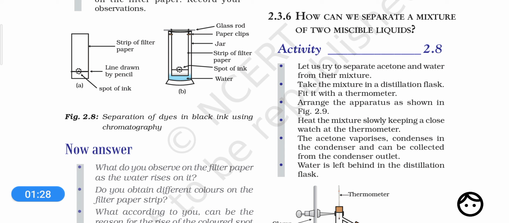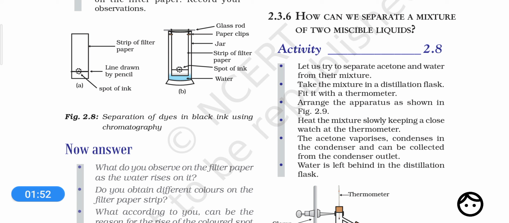Take the mixture in a distillation flask, fit it with a thermometer, arrange the apparatus as shown in figure number 2.9. Heat the mixture slowly, keeping a close watch at the thermometer. The acetone vaporizes, condenses in the condenser and can be collected from the condenser outlet. Water is left behind in the distillation flask.